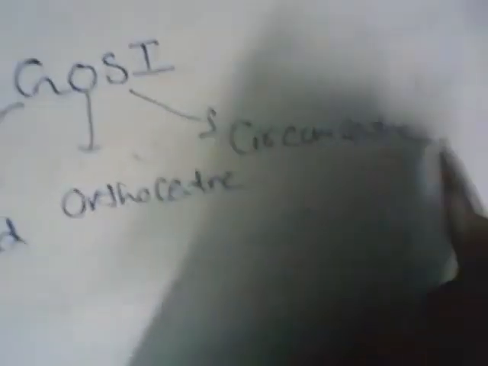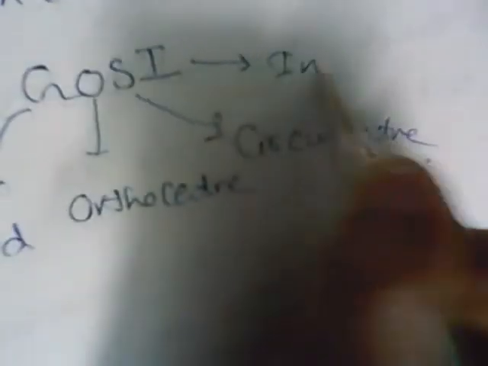Now, up to now, we have learned GOSI. G means centroid. O means orthocenter. S means circumcenter. I means incenter.